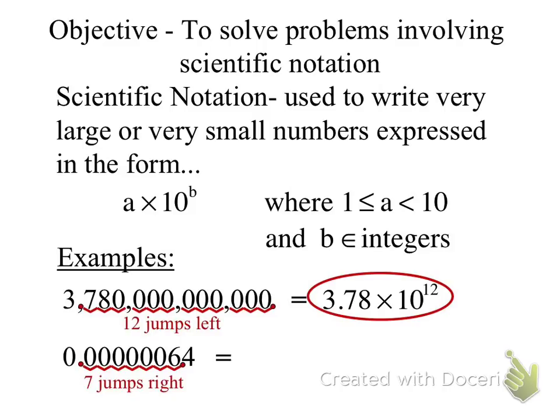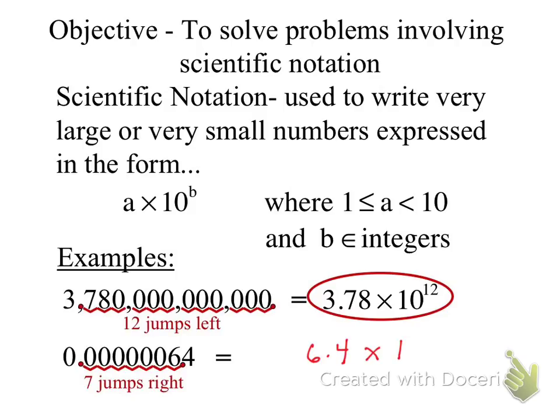Now remember, decimals are like fractions, and the way we show fractional amounts is with a negative exponent. So I'm moving it 7 places to make that number a number between 1 and 10. And so it will become 6.4.